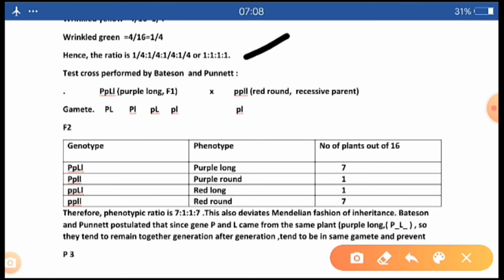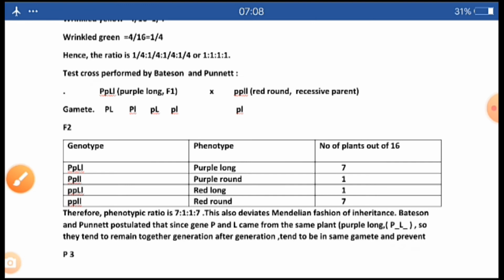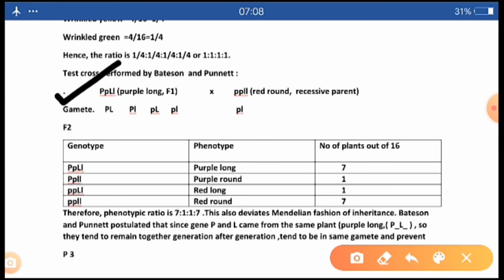Now have a look at the test cross results performed by Bateson and Punnett. Is it maintaining the 1:1:1:1 ratio? This one is the F1 plant, purple long.